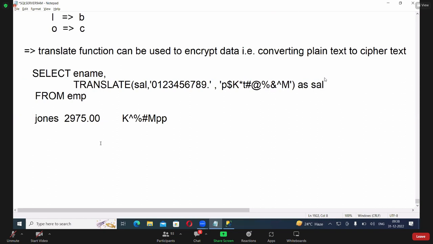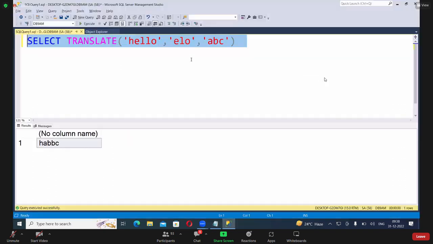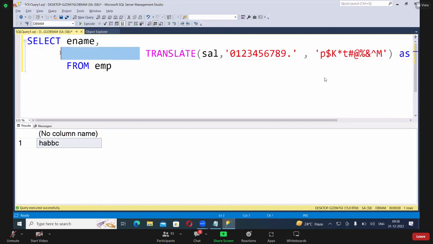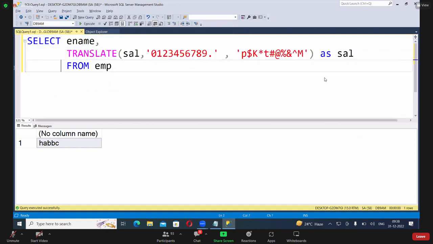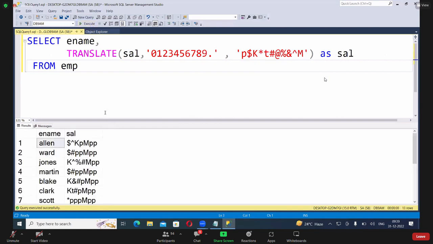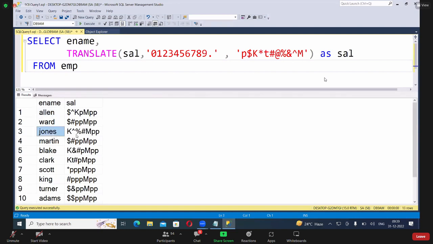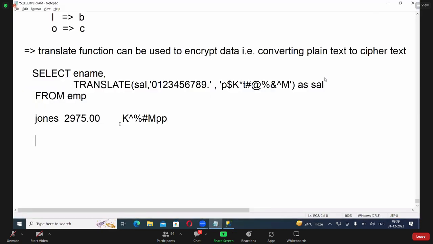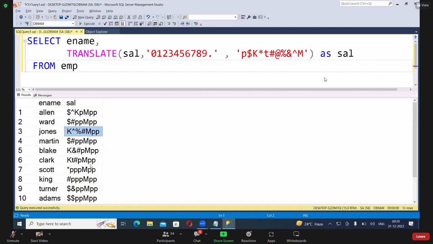Okay, now let's run this here. Now see this, it is showing each and every salary. You see that Jones 2975. It is showing like this.